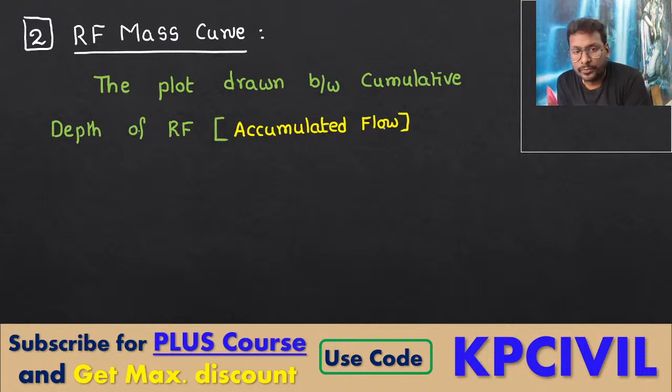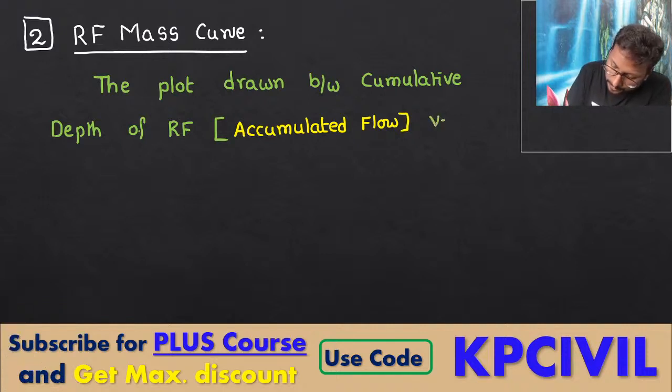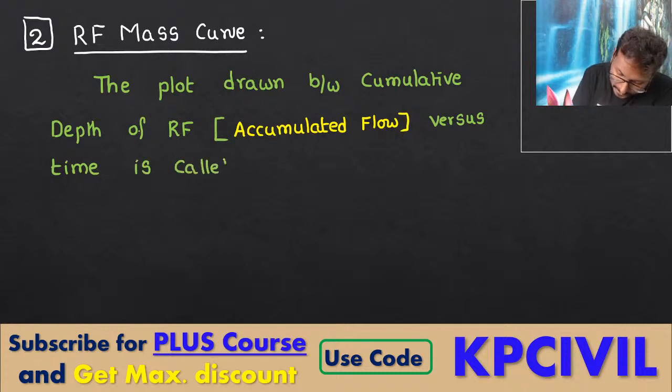Cumulative depth of rainfall is nothing but accumulated flow. Simple. The plot of accumulated flow versus time is called the rainfall mass curve.